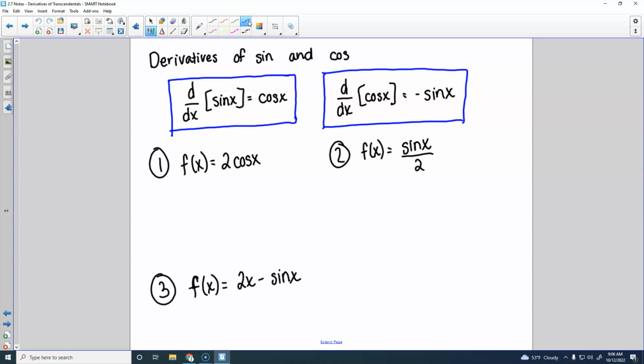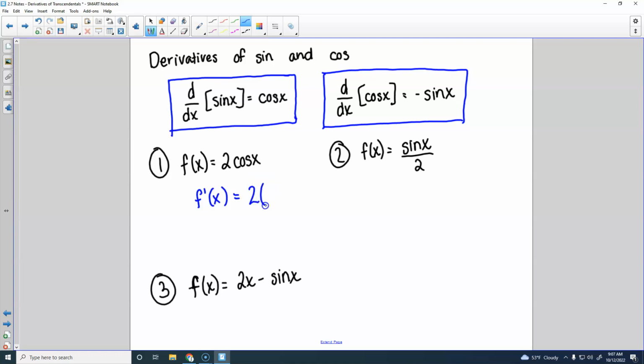The ones we're going to be doing today are very straightforward. Okay? So if I'm taking the derivative of f of x equals 2 cosine x, f prime of x is going to equal, whenever we have a coefficient right here, the coefficient is just going to be 2 times whatever the derivative is. We just leave the coefficient there.